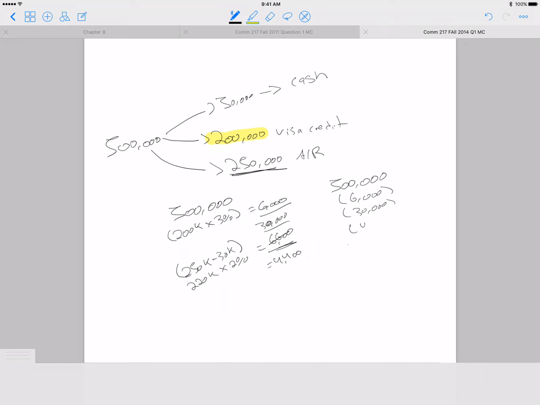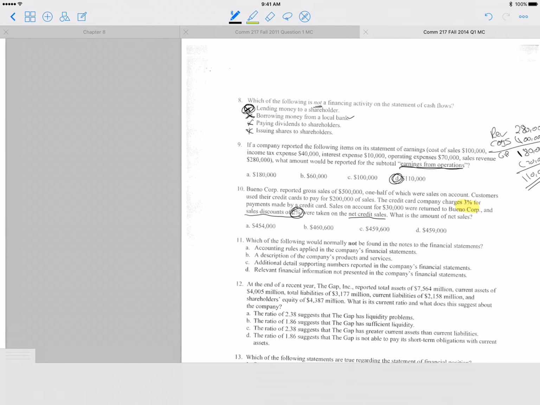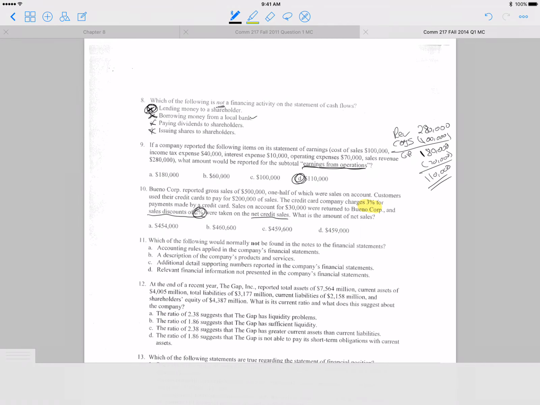So sorry about that. So if you subtract the 4,400 and you sum all these up, you get 459,600. And if we look at our answers, that results in C. So the correct answer is C.